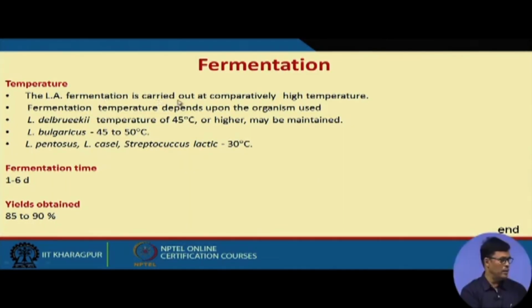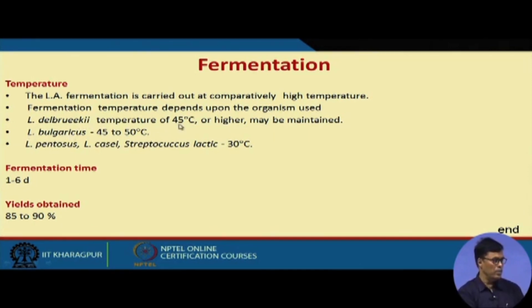Now, lactic acid fermentation is carried out at a comparatively high temperature. Fermentation temperature depends on the organism used. For example, I told you that two bacteria are largely used by the industry, Lactobacillus delbrueckii and Lactobacillus bulgaricus.